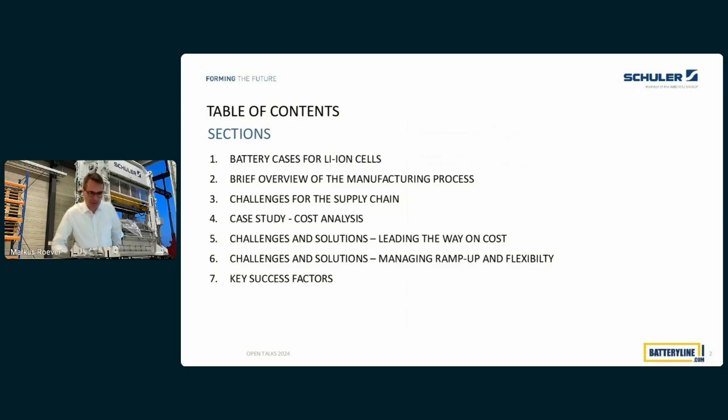And I would like to show the challenges I see for the supply chain of these components for the cell manufacturing, and share with you some cost analysis we did in a case study of one customer, and then come to the solutions we found for the identified challenges, and we'll end with the key success factors I see for efficient production.